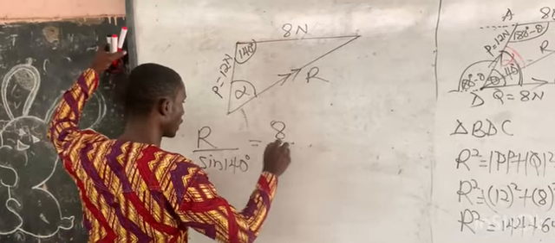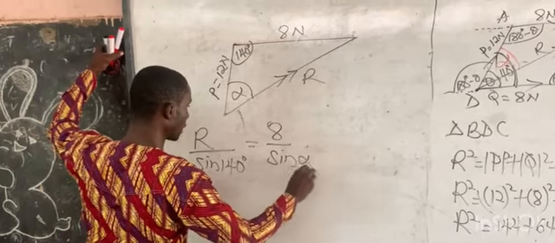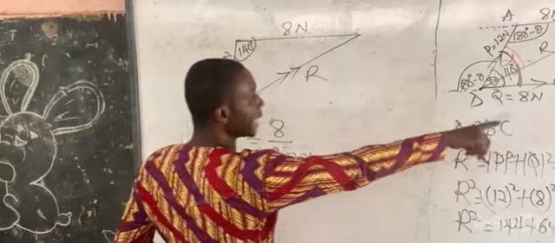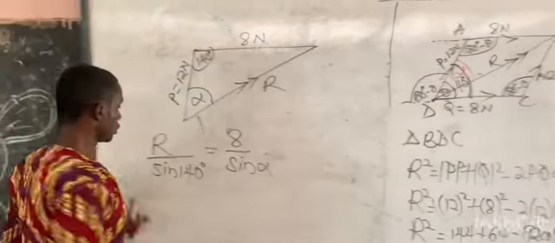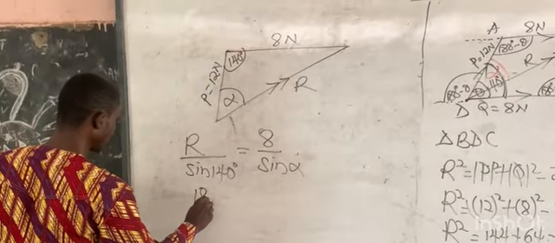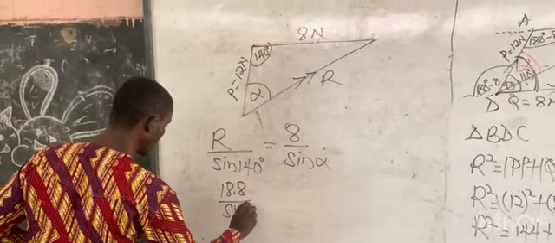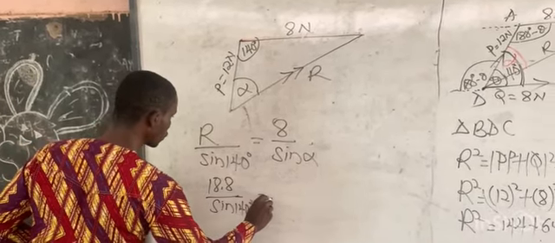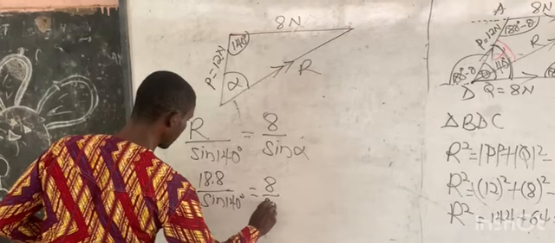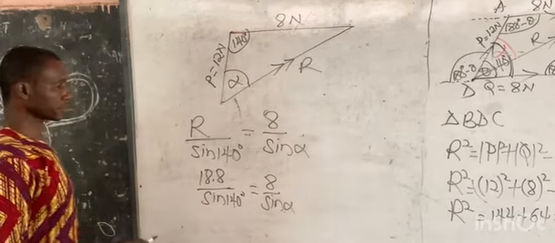And R is 18.8 Newton. So 18.8 over sine 140 degrees is equal to 8 over sine alpha.